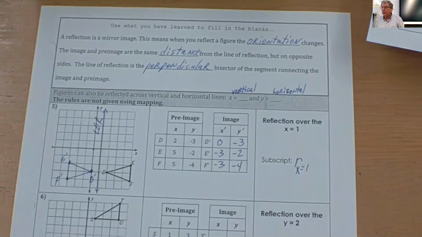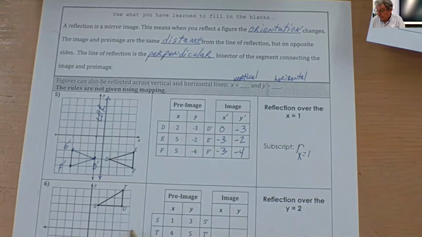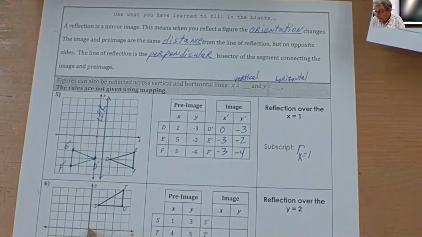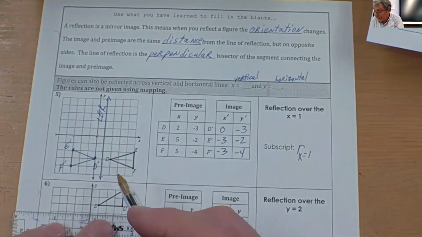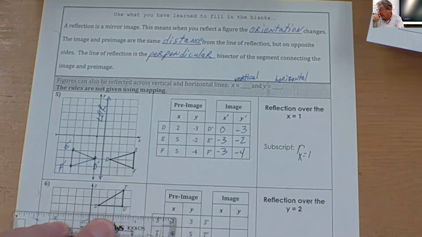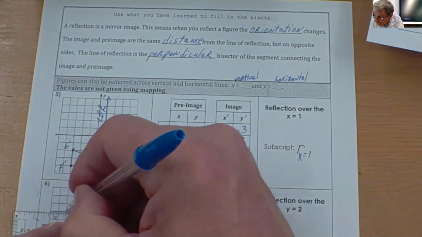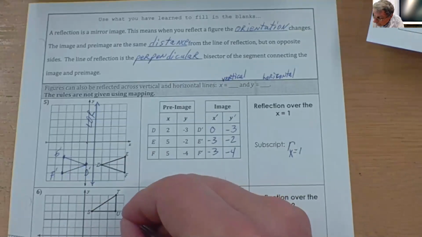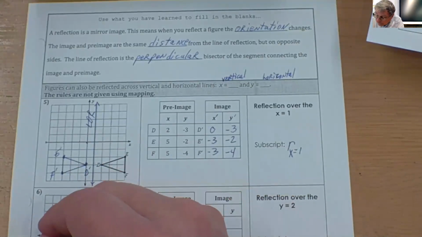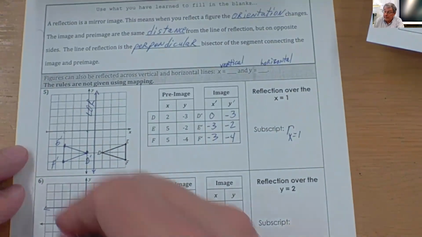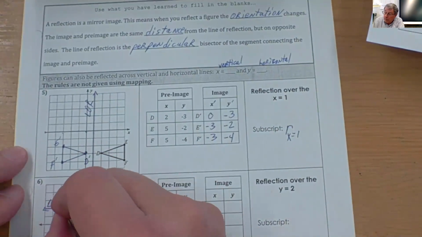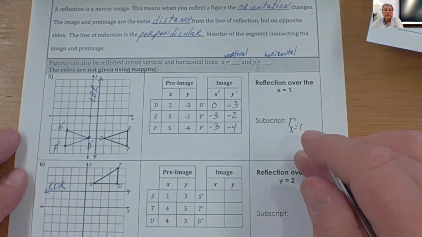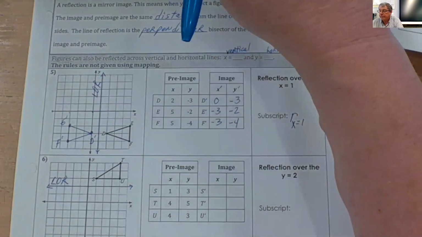So horizontal at y equals 2. Okay. So y equals 2 right here. That is y equals 2. So we get your lines. And we're reflecting over that. This is our LOR, our line of reflection. Make certain you label.